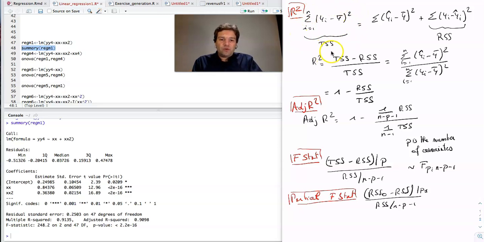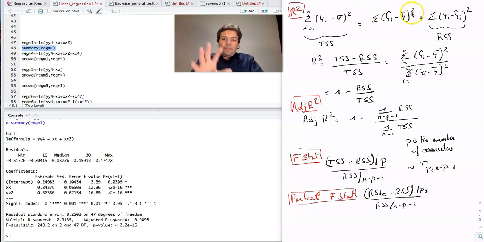The total sum of squares can be decomposed into the dispersion of the predictions obtained by the model, yi hat, with the estimates for the intercept, for the coefficient of X1, for the coefficient of X2. Yi bar is the mean of the Yi's.